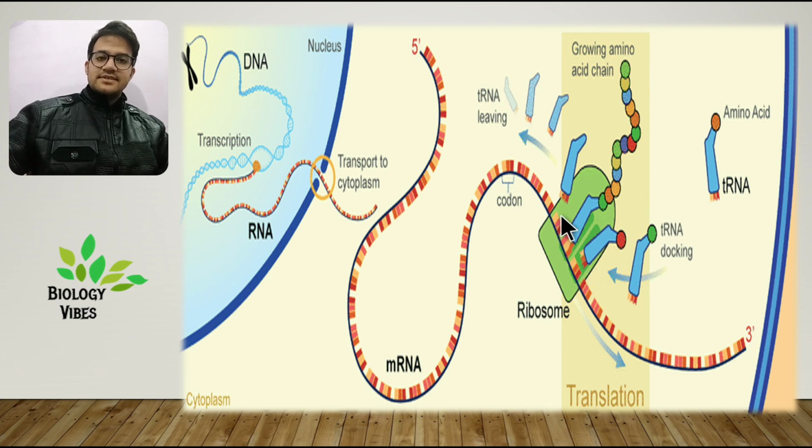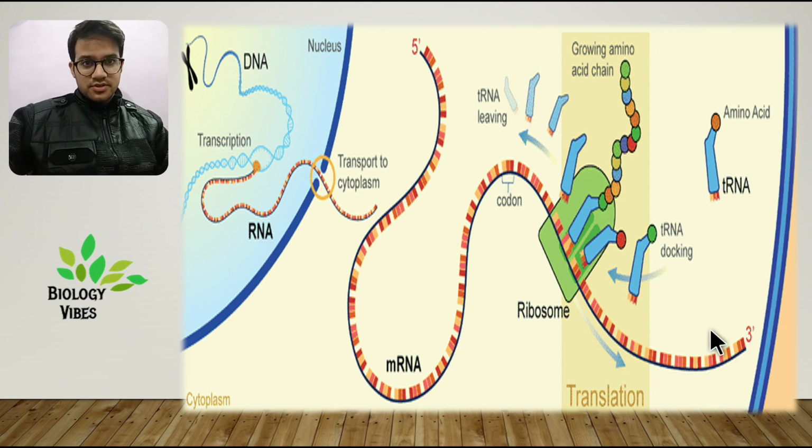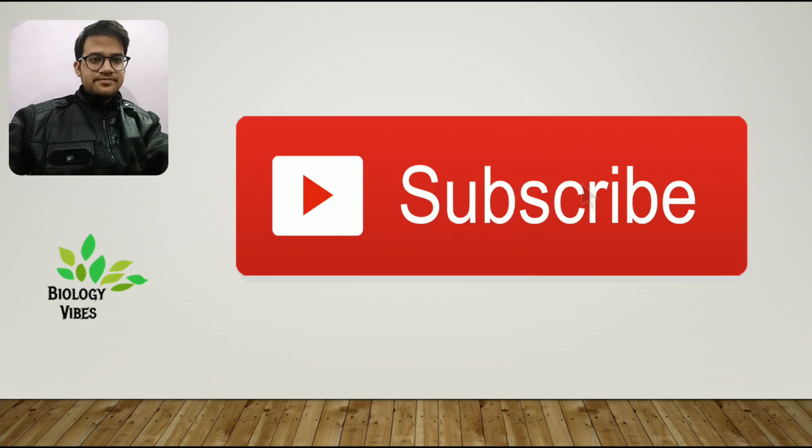One uncharged tRNA will move out from the exit site, and at the same time one charged tRNA will come into the picture and the process goes on. Finally we reach termination, where we get a termination codon, stop codon, for which no tRNA is there, so the process stops and the free polypeptide chain is released.